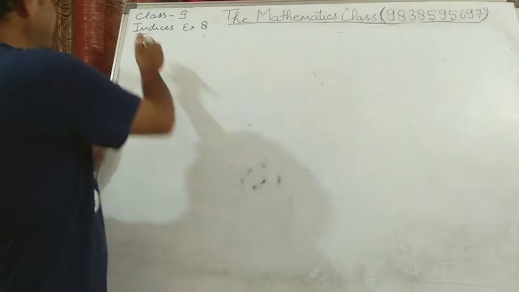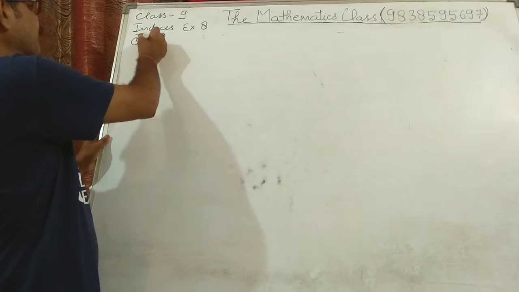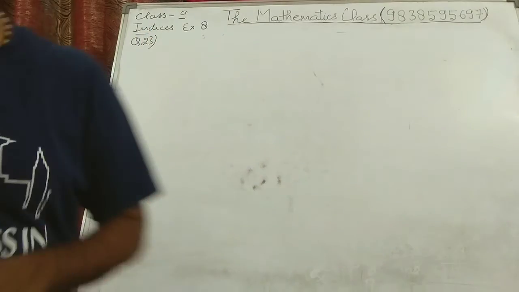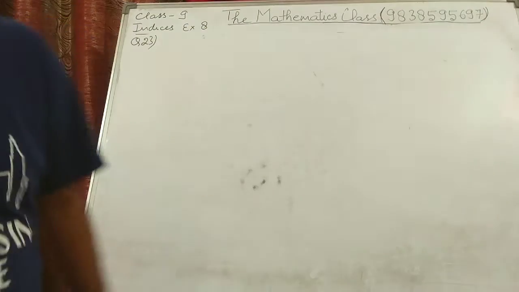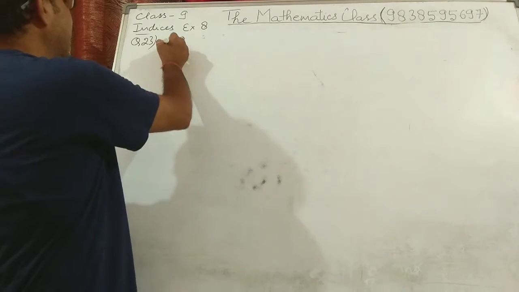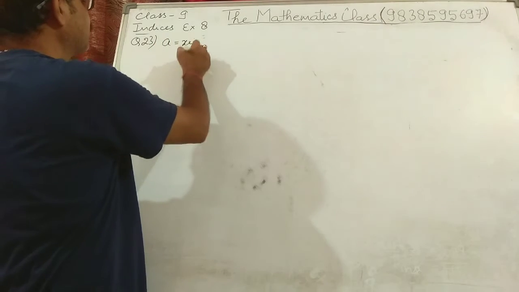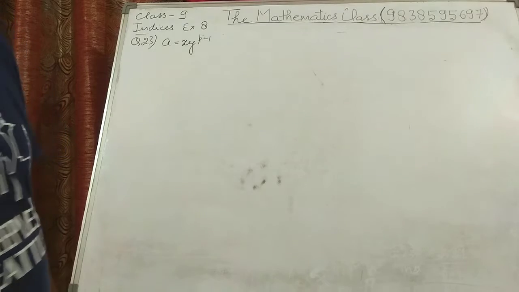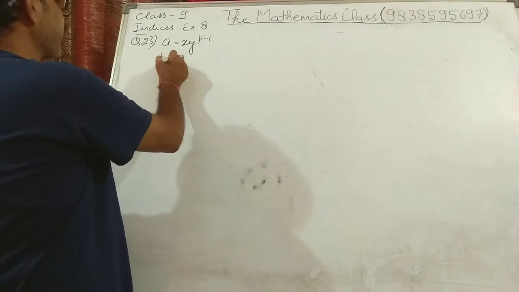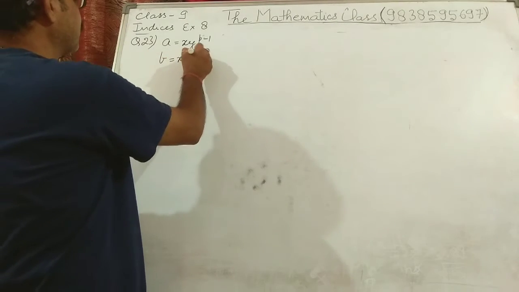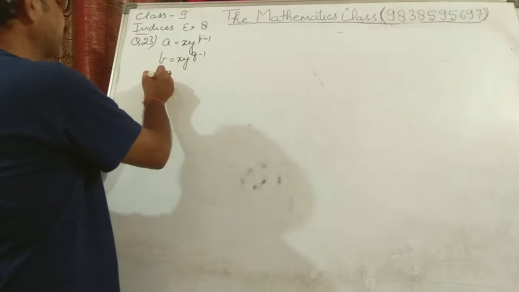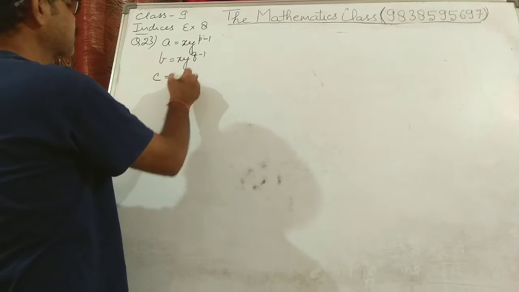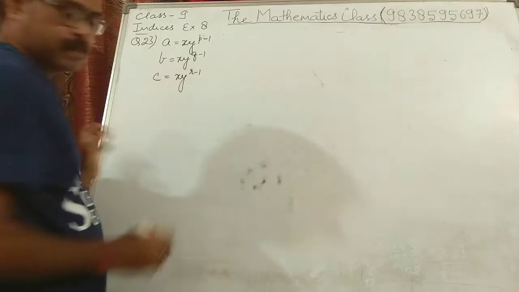In question number 23, the question is: if A is equal to X into Y to the power P minus 1, B is equal to XY to the power Q minus 1, and C is equal to XY to the power R minus 1.